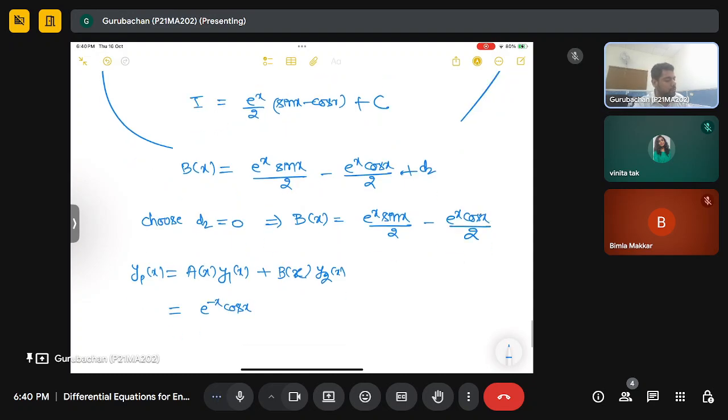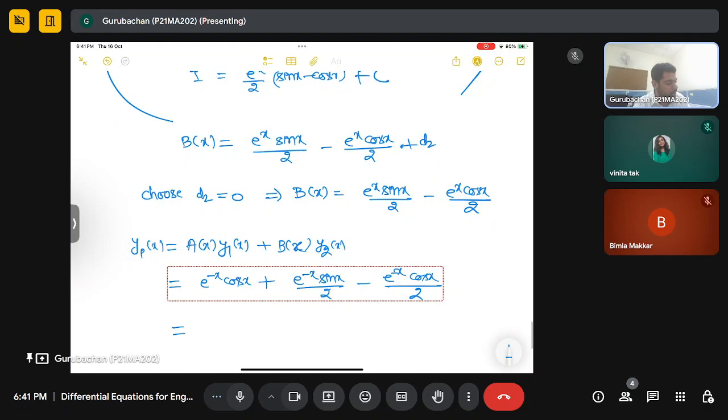So this will give us cos x plus, I think this was the formula only, yes, plus, when you multiply e to the power minus 2x on both sides, it will be e to the power minus x minus e to the power minus x cos x divided by 2.